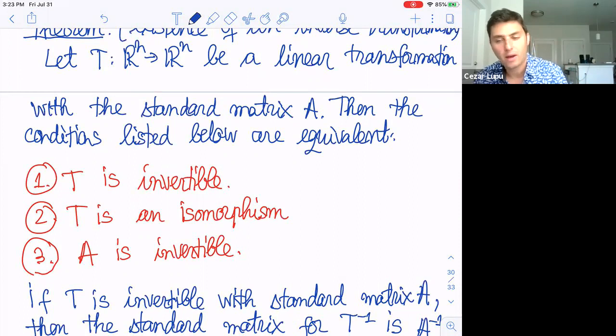You'll be like, oh my God, how do I show that this is an isomorphism? Then you'll think like, wait a second, there was this theorem which says that a linear transformation is an isomorphism if and only if it is invertible. But what does it mean for my linear transformation to be invertible? Well, it means that the standard matrix associated to it is invertible. Oh, okay, so it's just about matrices at the end of the day.